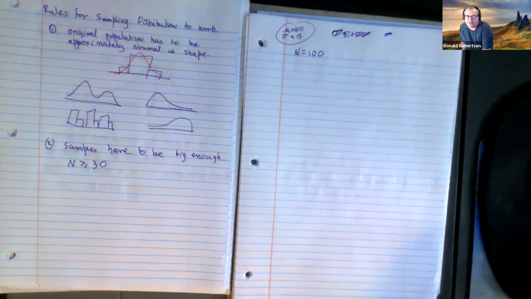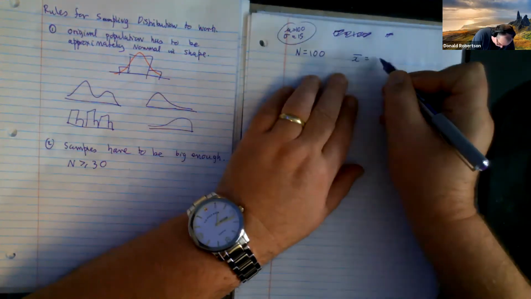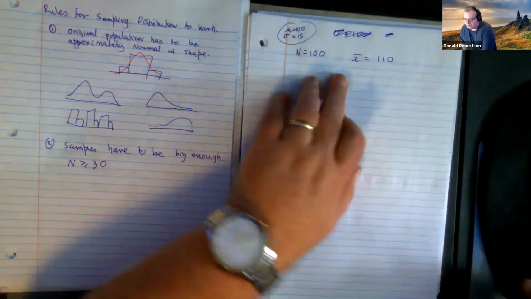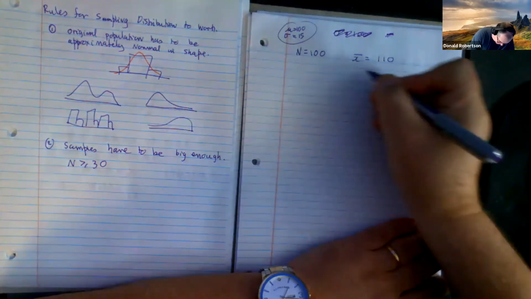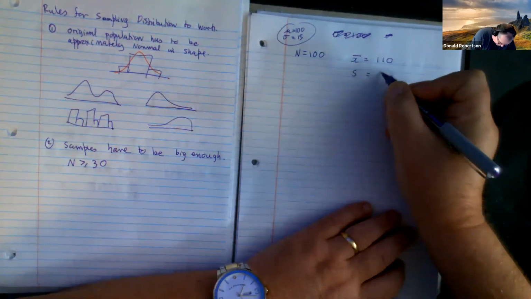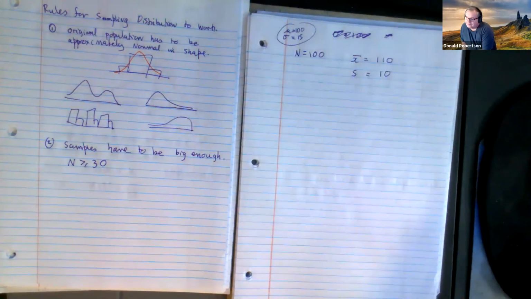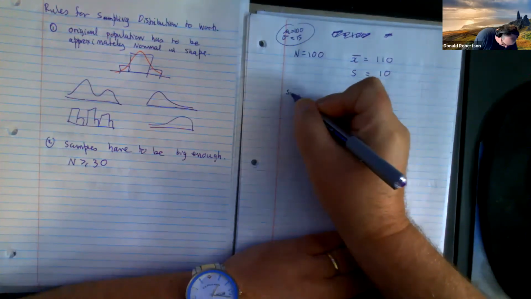And I want to see, using that information, if I can estimate what the IQ of OC students is. So I get 100, and I found that their IQ was 110, because you're more intelligent than the average bear. And in this case, I got a standard deviation of, let's say, 10. Now let's look at the sampling distribution question.